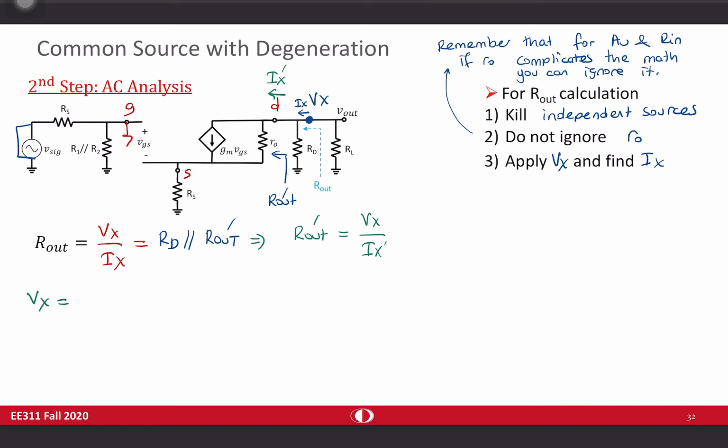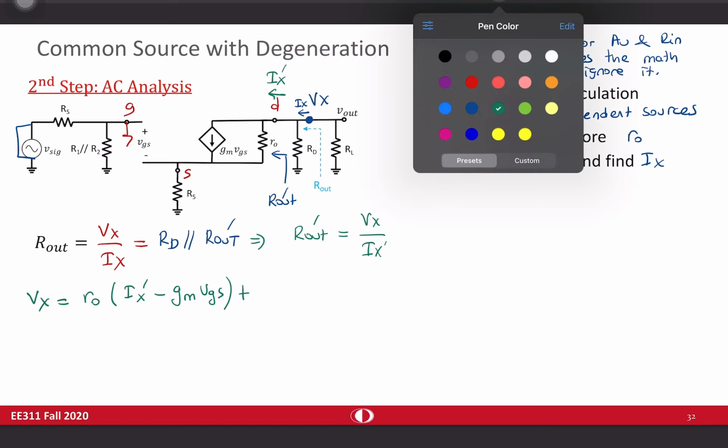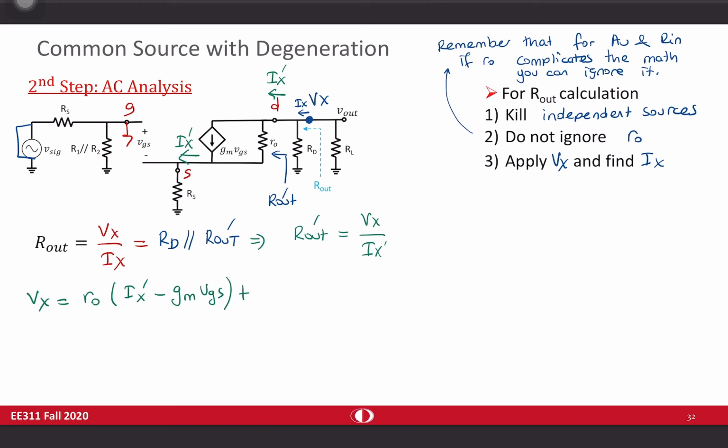Vx is equal to the voltage drop across R0 and voltage drop across here, right? So let's write them one by one. Vx is equal to R0 times (Ix prime minus gm VGS) plus the current passing through here, which is as well Ix prime, because going in this direction and then merging again, Ix prime R5.